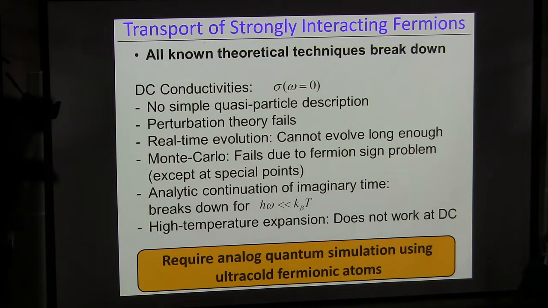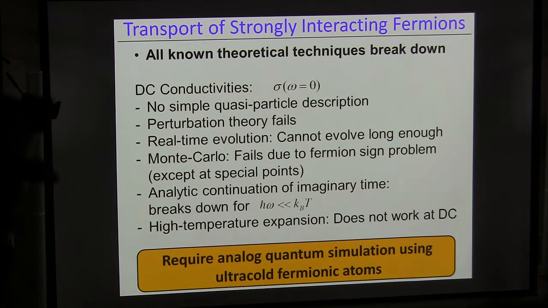That's of course tough. You can start with Monte Carlo, which is basically done in imaginary time, and then you have to realize, wait a second, already that fails due to the fermion sign problem. If you want to get transport out of it, you need to do some analytic continuation from that imaginary time to real times, and that is very difficult at very low frequencies.